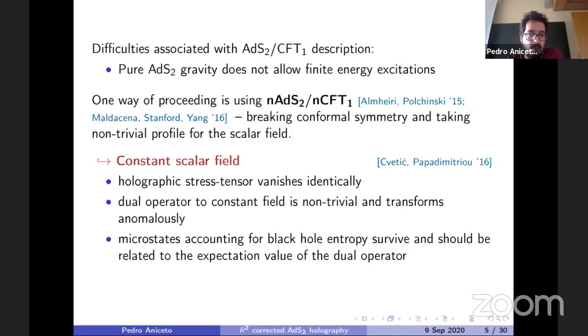And this leads one to postulate that perhaps there's a way to account for the microstates of the black hole entropy to survive in this AdS2 constant scalar field situation, and to be given by the expectation value of the 1-point functions associated to these dual operators.